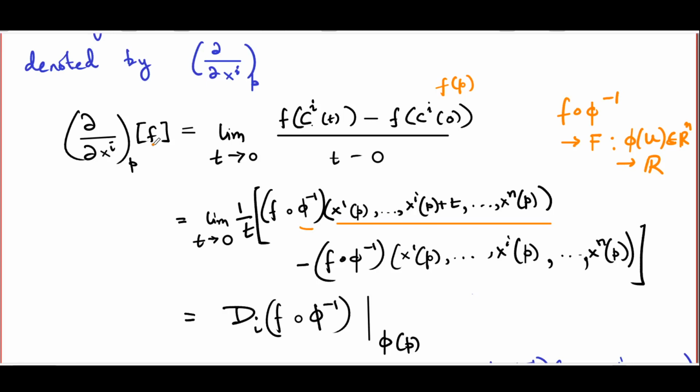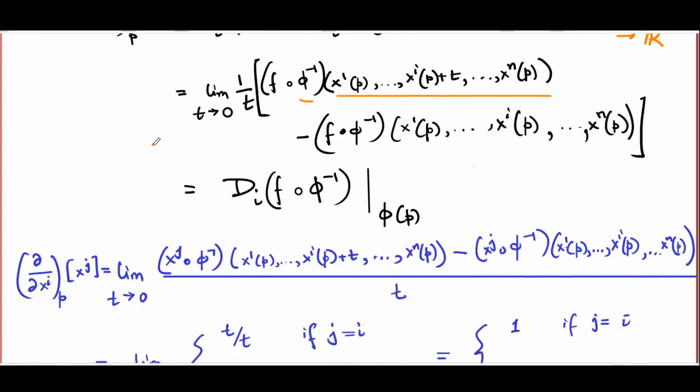Since only the ith coordinate changes, nothing else changes, in the coordinate curve, it's pretty easy to see that if the function that you're looking at is the jth coordinate function and j is not equal to i, then you should expect to get a 0. Let us just verify whether that happens by using the formula.